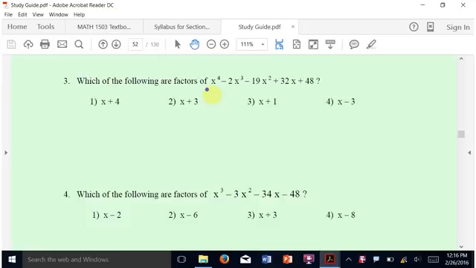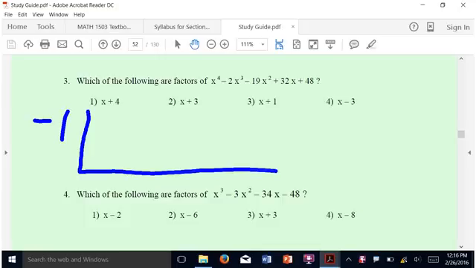If x plus 1 is a factor, that means negative 1 will be a 0, as in when we divide this function by x plus 1, we should get a remainder of 0 if in fact x plus 1 is a factor.